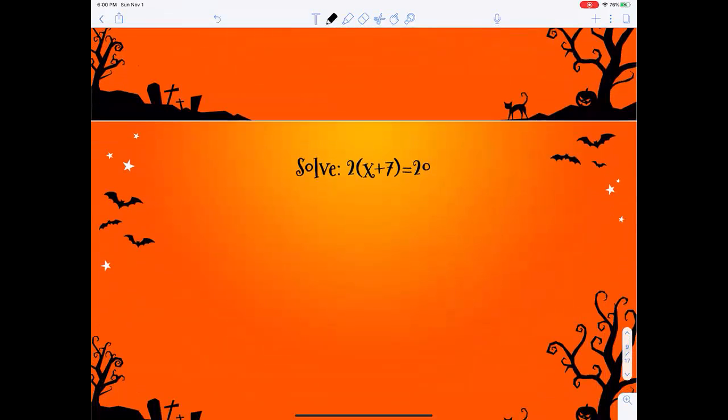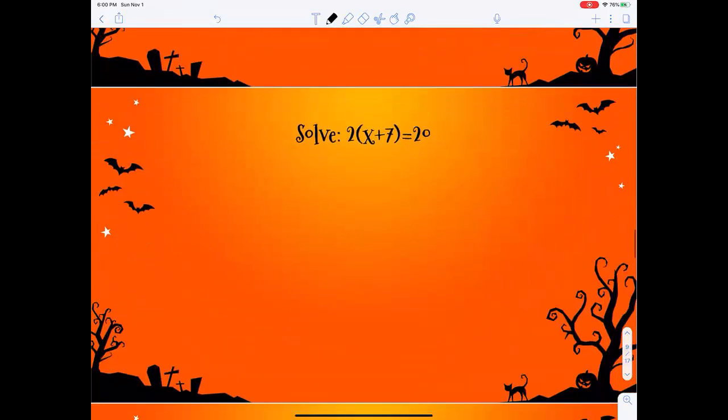For this problem, if you see the parentheses and the x in the parentheses, you'll know that you do need to distribute. So I see parentheses, therefore I distribute. And then I'll see, once I distribute, that there's going to be numbers and variables on both sides.